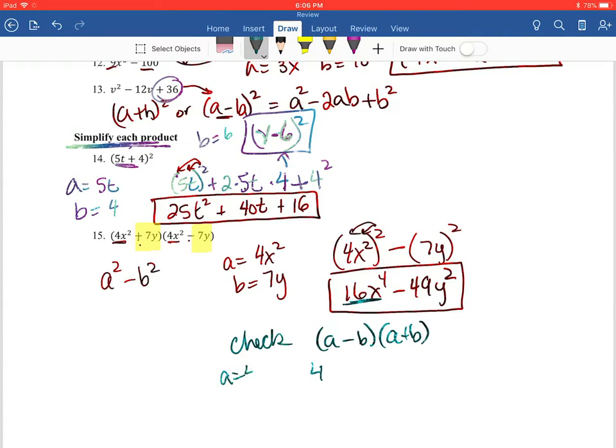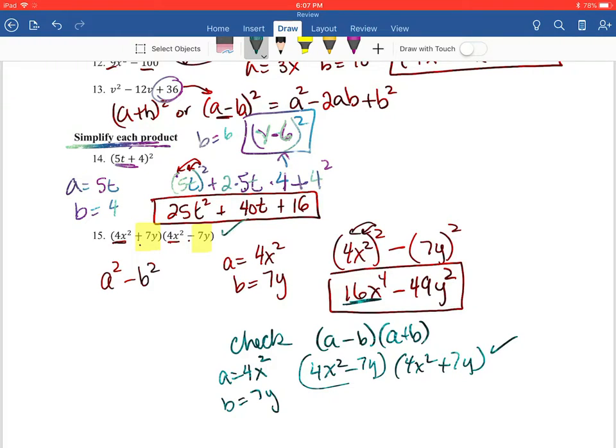My A is equal to 4x. The square root of 4 is going to be 2. And then 49 is going to be 7. And then y squared is going to be y. So then that's going to be 4x squared minus 7y times 4x squared plus 7y.